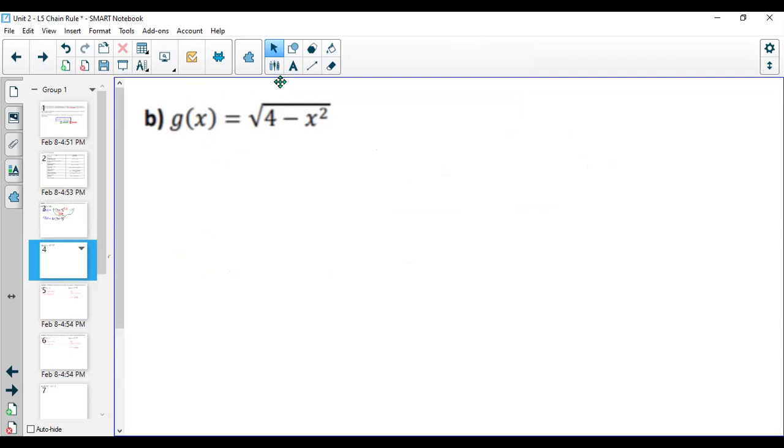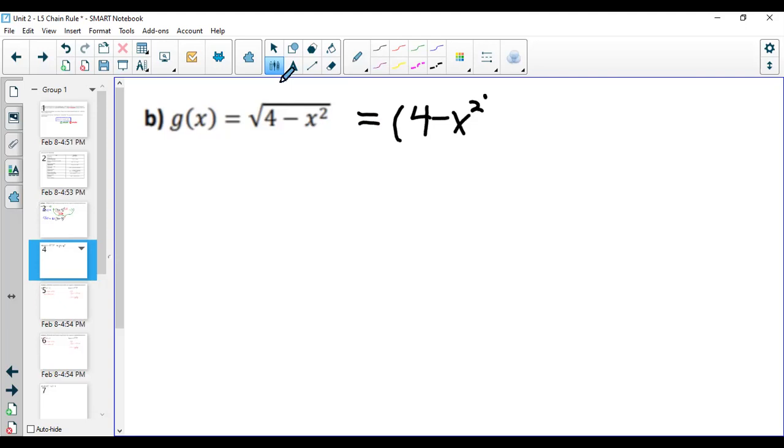Now, as always, I'm going to rewrite this question as 4 minus x squared to the power of 1/2. That always helps before you apply the derivative rule.